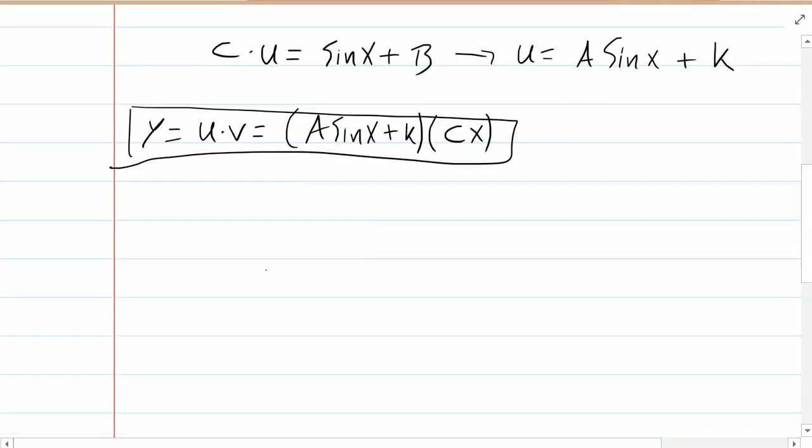Now to check whether or not that is true, we differentiate, and we have a times c.